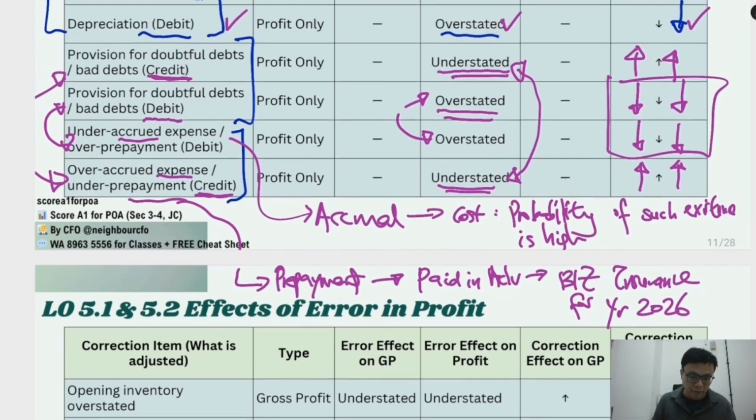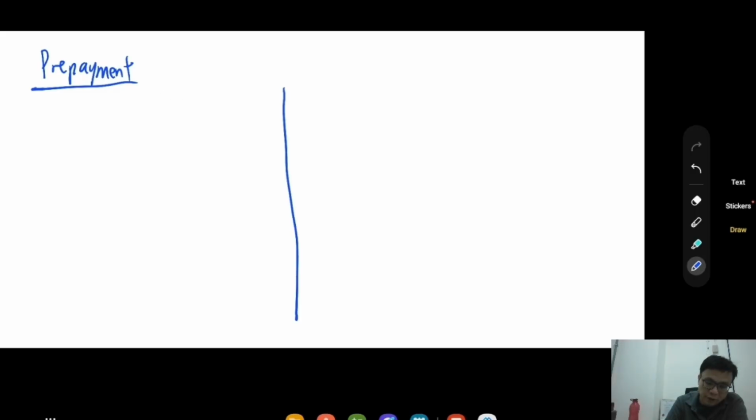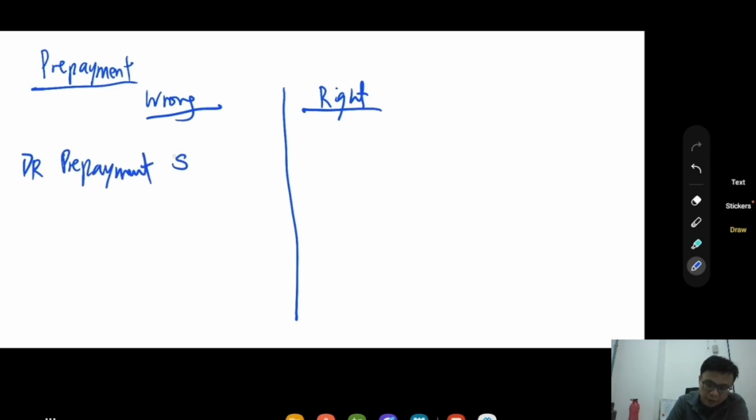So in this instance, for this particular table, when we say that there is an over prepayment, we have to debit. So for the prepayment, let me illustrate over here. We have two columns. The first column is the wrong column. The second column is the correct column. Under the wrong column, what happened is that the accountant debited prepayment 150.